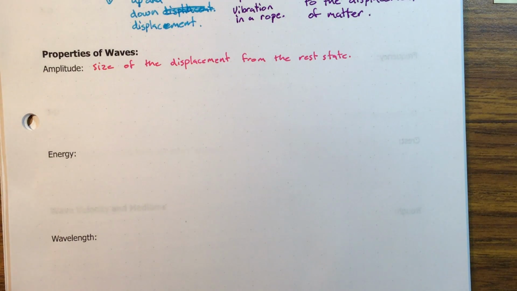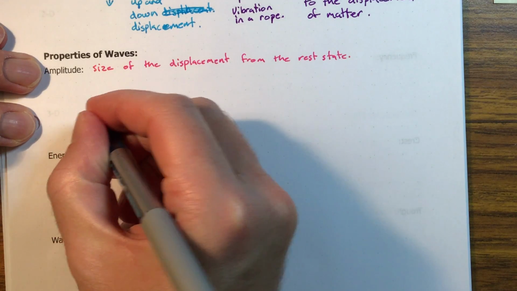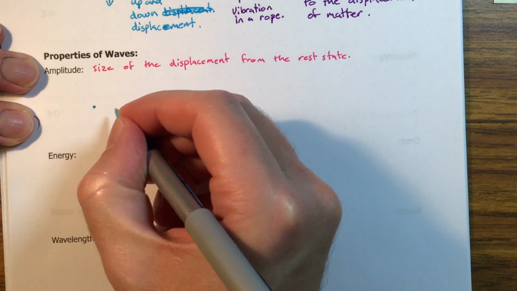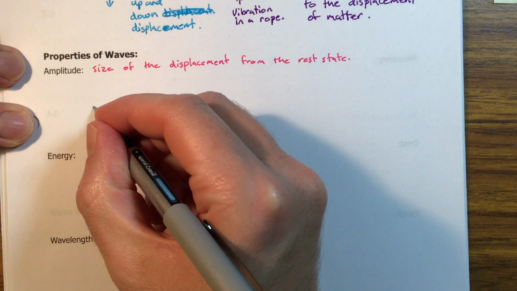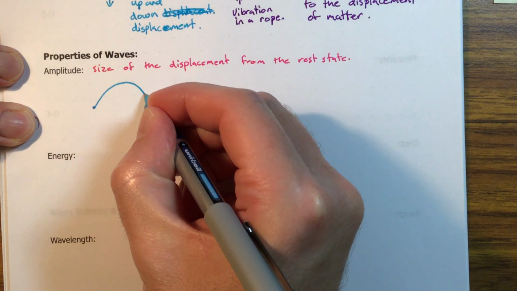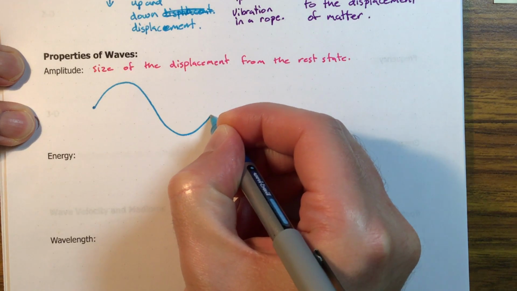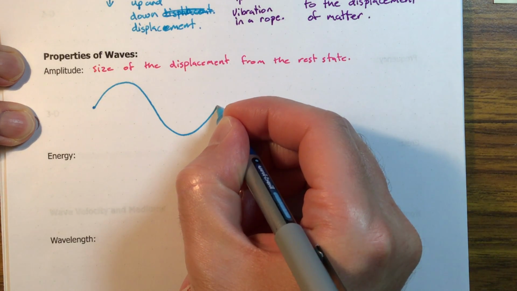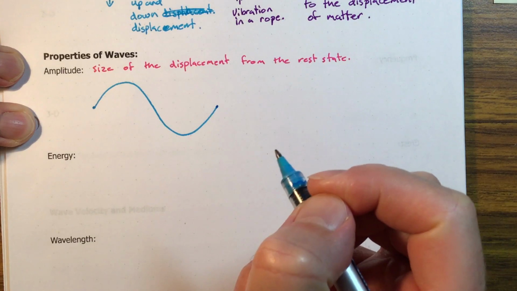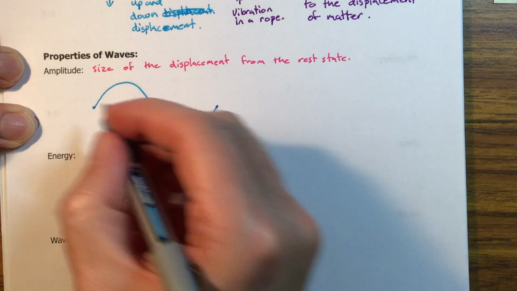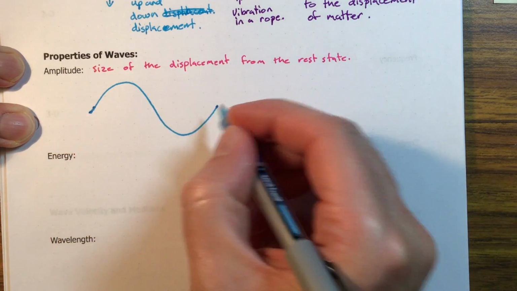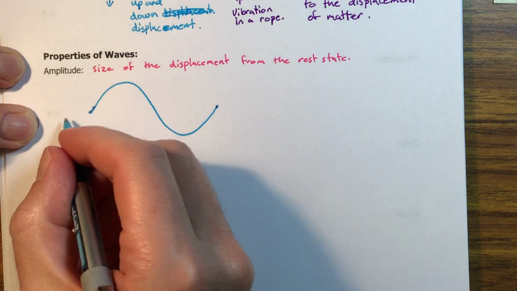All right, when we graphically represent a wave, we're going to start with a wave here, and I'm going to draw it up like this, down here. That's going to be one complete cycle of the wave right there.